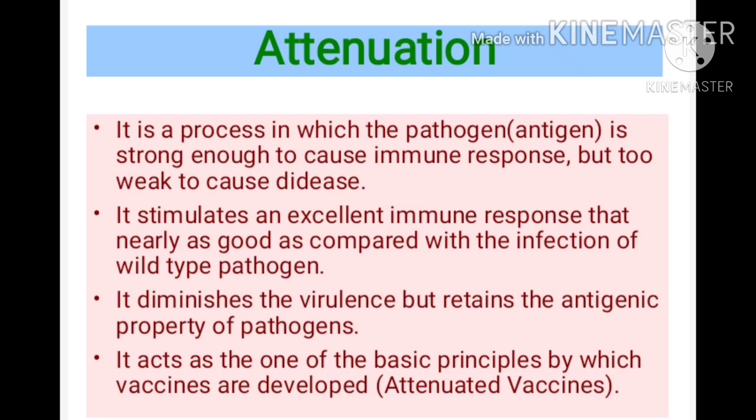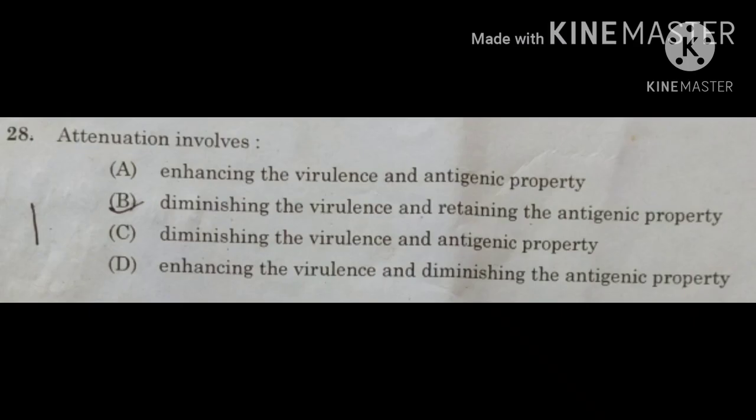Remember, Edward Jenner is considered the father of vaccination, but the basic principle of vaccination was first developed not by Edward Jenner, it is by whom? It is by Louis Pasteur. I think now you got the correct answer. Yes, the correct answer for this question is option B, diminishing the virulence and retaining the antigenic property.